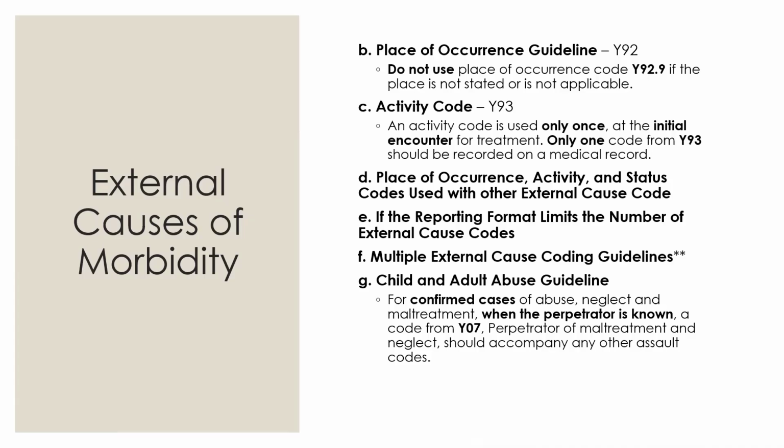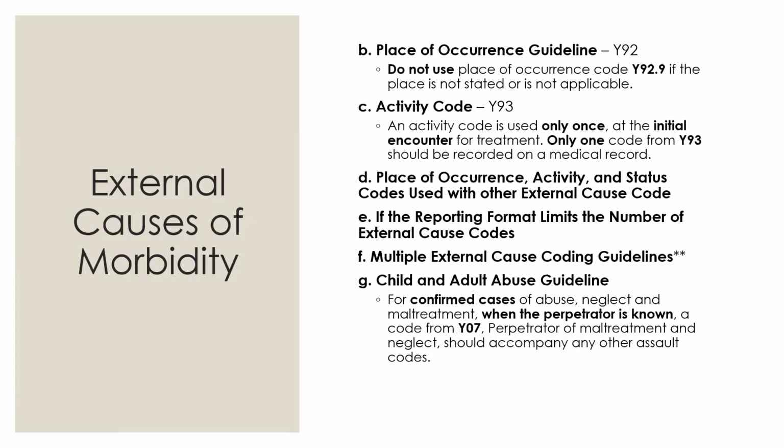If two or more events cause separate injuries, an external cause code should be assigned for each cause. The first listed external cause code will be selected in the following order. External cause codes for child and adult abuse take priority over all external cause codes.